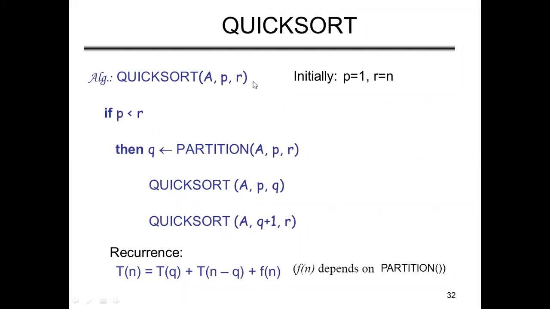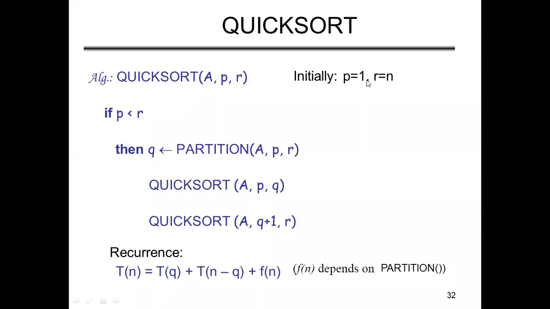A is the array, P is the left, that is the lower bound index, and R is the upper bound index in the array. So from P to R, the array is there.